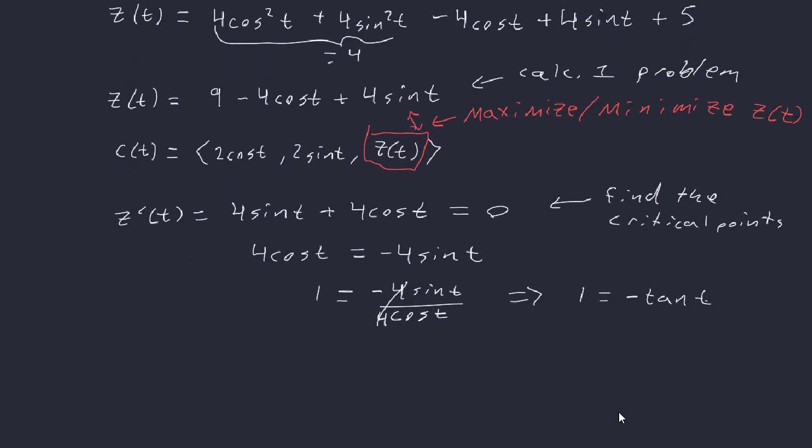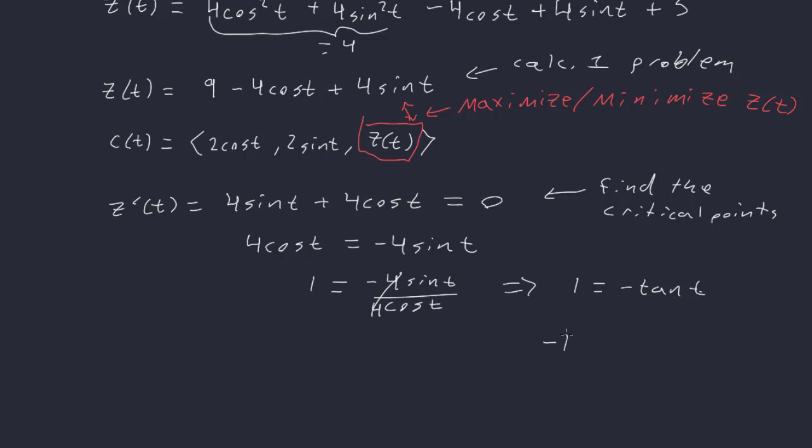And what we really want is this. We want, when does tangent of t equal negative 1? Well, tangent equals 1 at multiples of pi over 4.